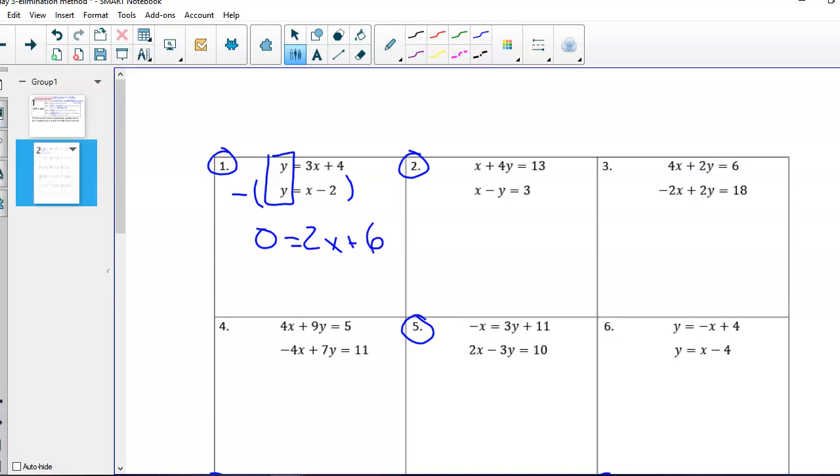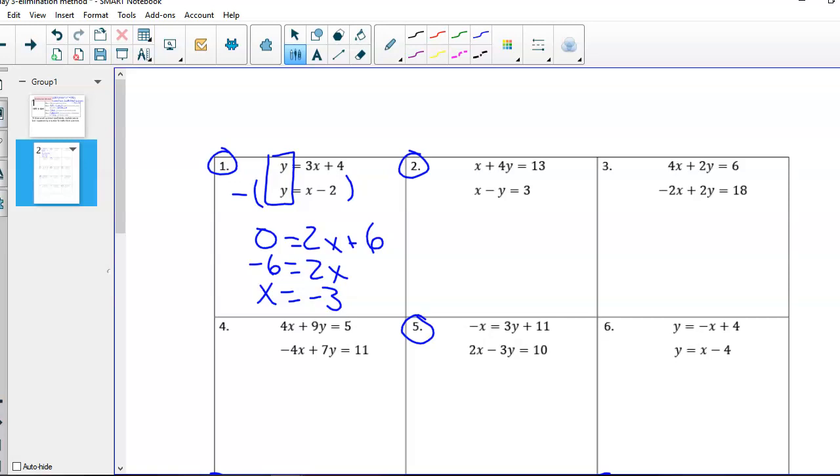We eliminated our y variable, and now we can solve for x. So I'm going to subtract 6 from the other side and divide by 2. Or minus negative 2. You're subtracting the entire equation.